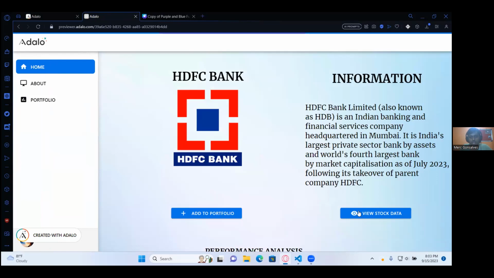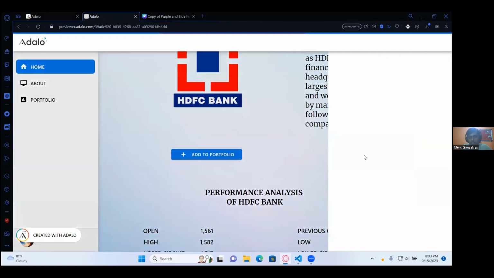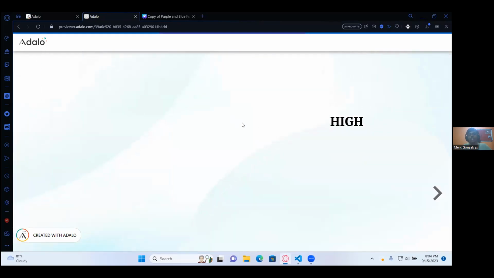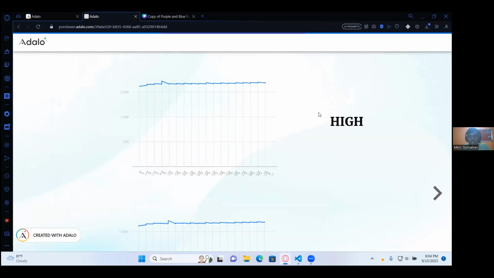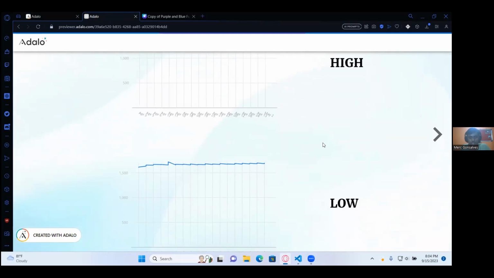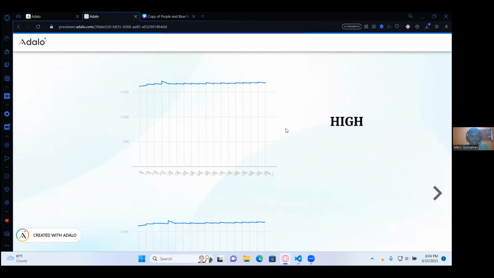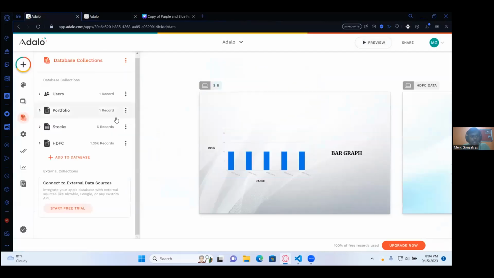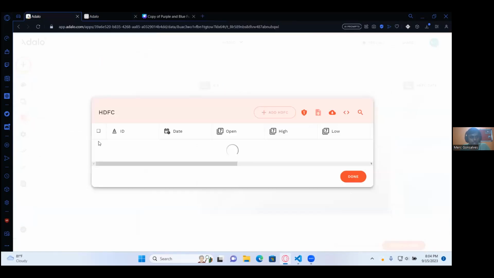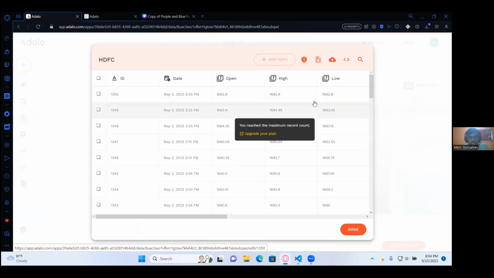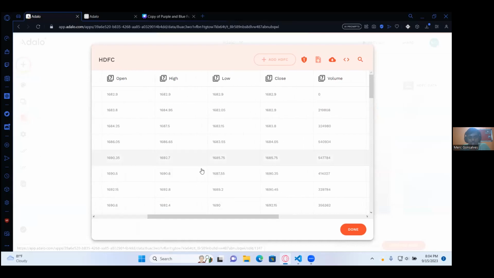When you go to view the stock data for HDFC Bank, you'll get the high values, and then the low values. But these values are nearly similar, because if you look at the database, the high and low values are very similar, with very tiny changes in them.